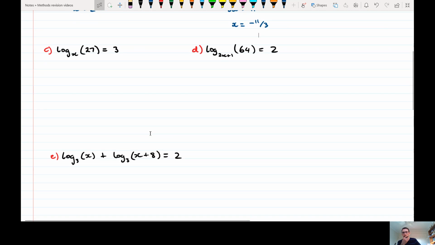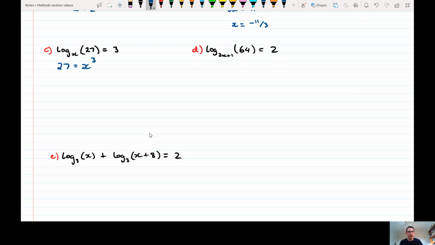All right, these next two are actually the same idea, but this time the unknown is in the base, isn't it? So in this case, we're still going to do the same thing. We're still going to have the 27 by itself, x, the base here, to the power of 3. And once you have that, this drops back down to what we've been doing with exponentials as well.